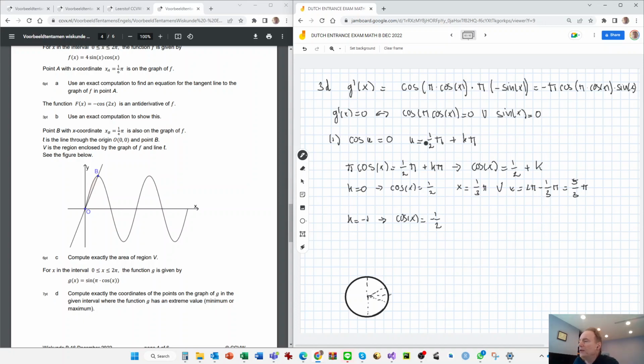And when is it -1/2? Well, it's right here or right here.